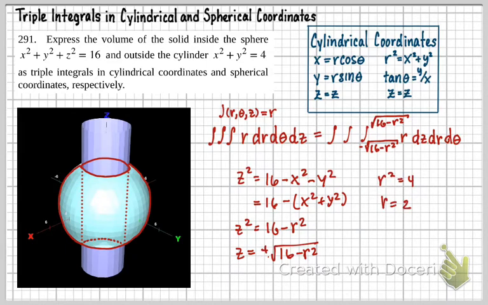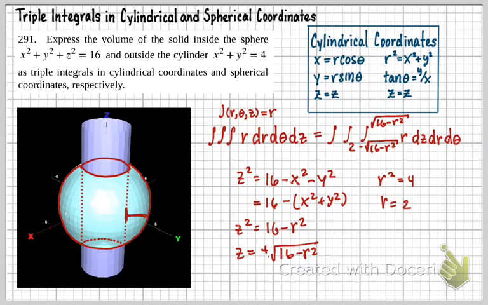So r is going to run, and that's going to be the inside of that volume. So that's going to be my lower bound, because that's the smallest it can be. So if I'm thinking about r coming out of the center here, it can't come out in that piece. But after that piece, it can. So it's going to start at 2 and go out.